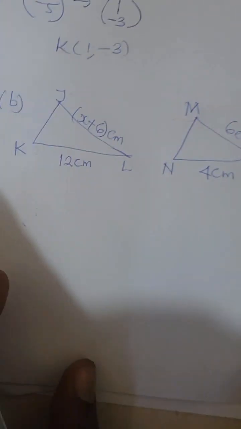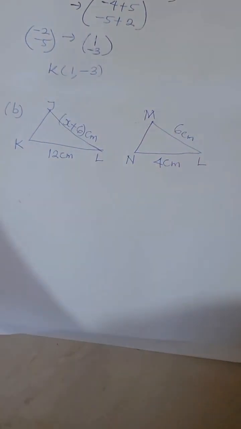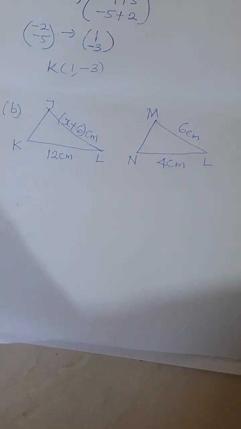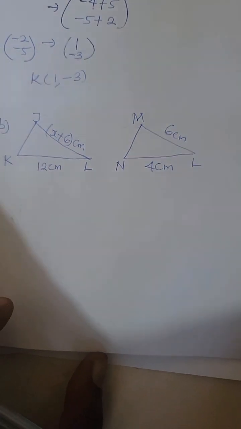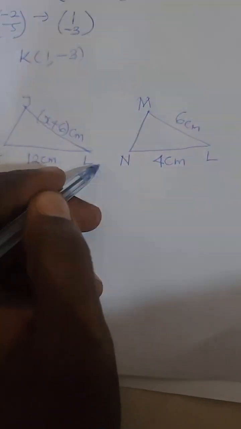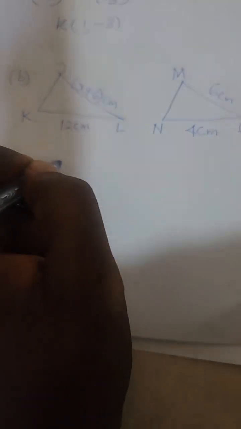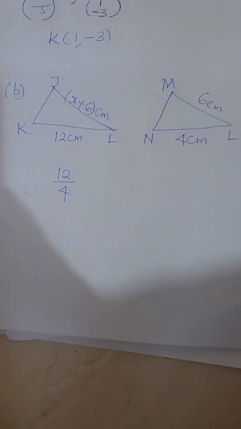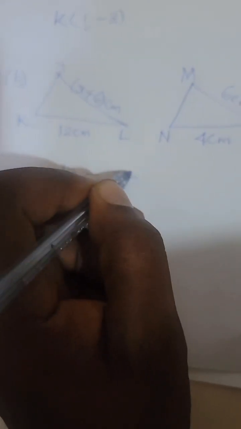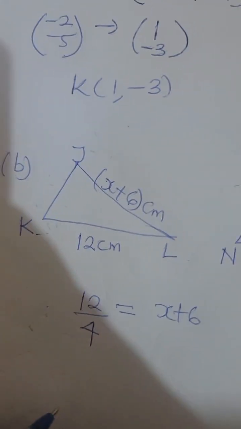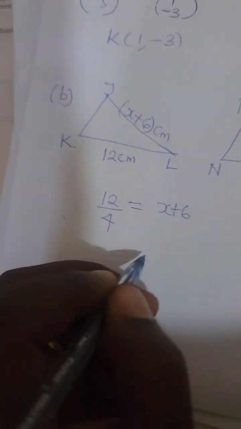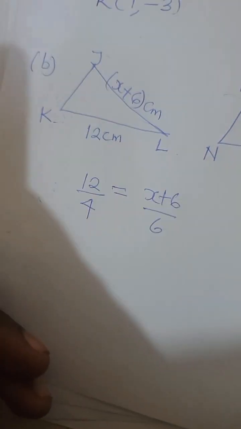So now if the two triangles are similar, the ratio of their corresponding sides are equal. So if I take KL, it corresponds to NL. So I can take 12 out of 4. That's the ratio of the corresponding sides. And that should be equal to X plus 6 out of 6. That's the concept.